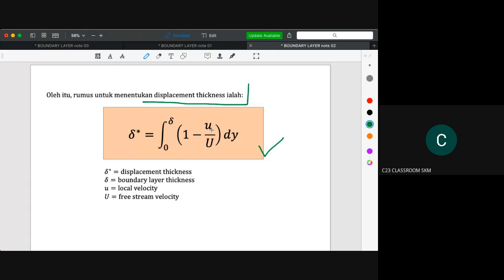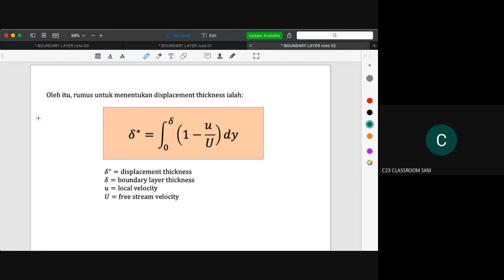Please make sure that you write small u and capital U in the right place. Normally I write 1 minus u over capital U like this, so you can differentiate them very well. This is the equation for the displacement thickness.